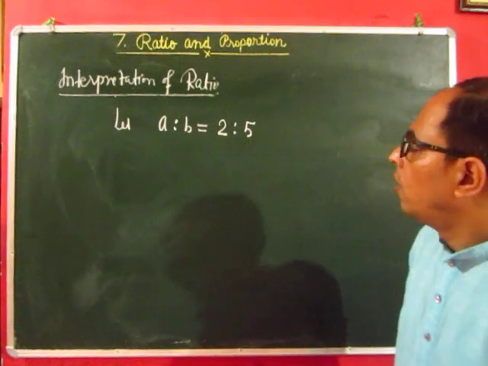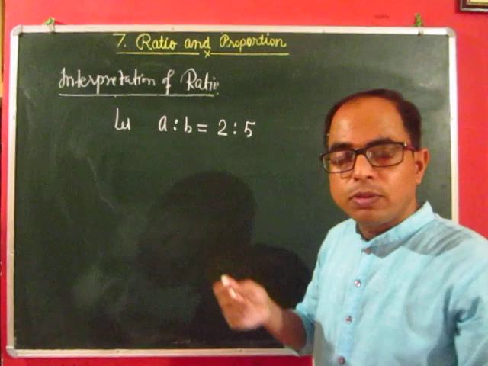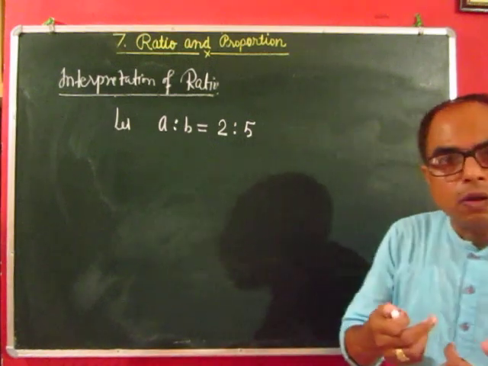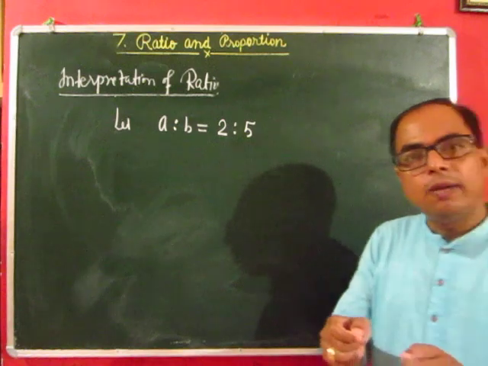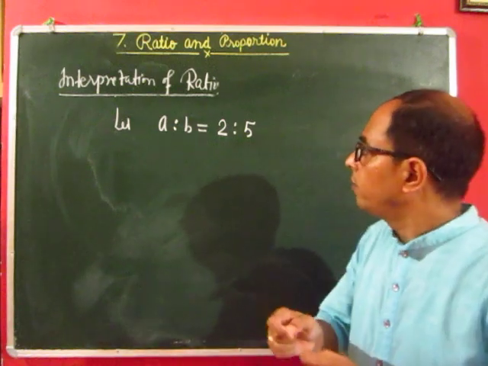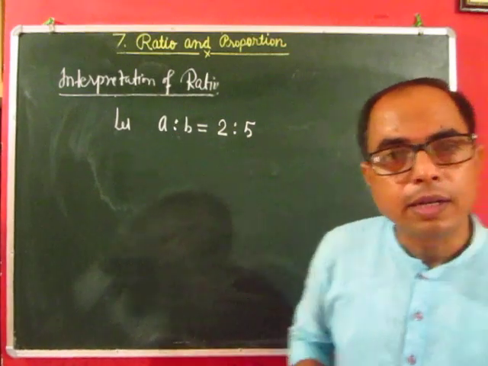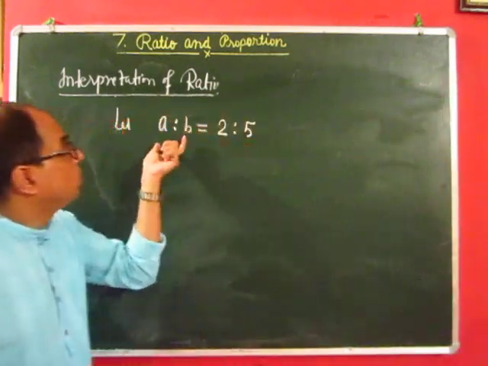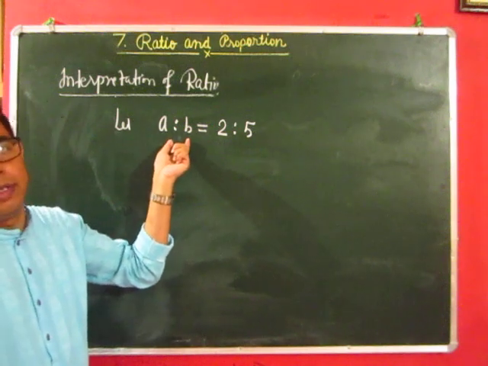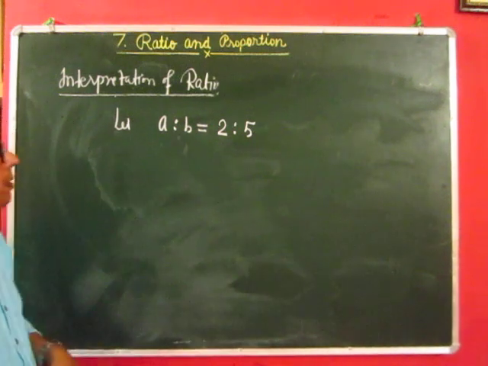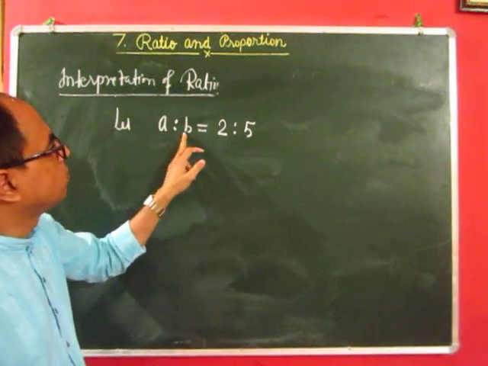Of two persons. So ratio gives the relative values of two quantities. It does not give the exact value of the two quantities. Again I am repeating, ratio gives a relative value of two quantities. What does it mean? Suppose this is the ratio of salaries of two persons.